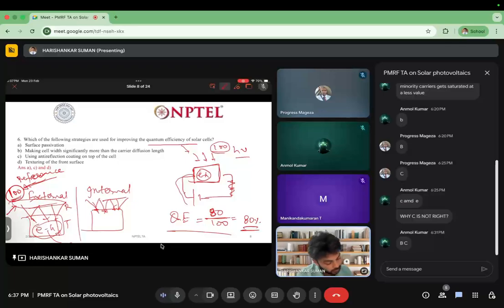But in the internal case, let's say we have 100 initially and 20 are reflected, so inside we have only 80. So these 80 are the reference, and we get, say, 70 electron-hole pairs, so 70 by 80.